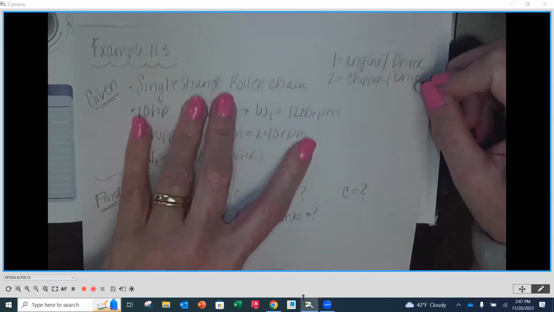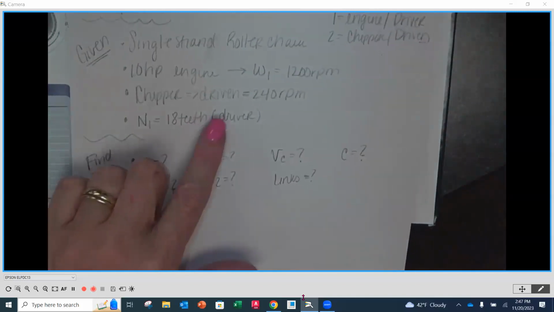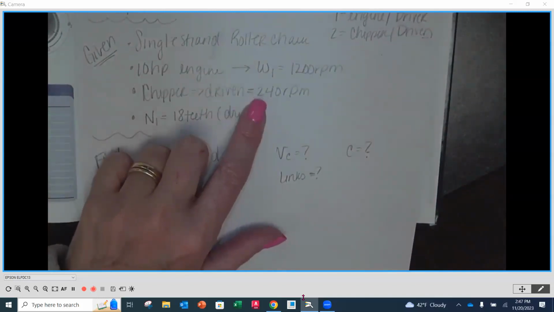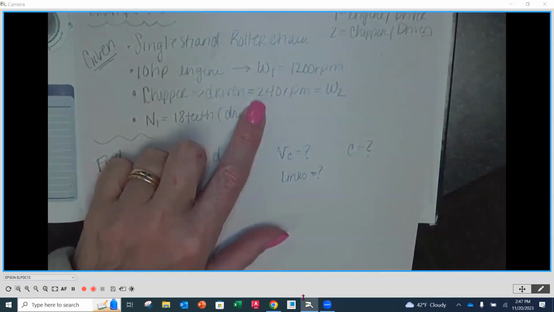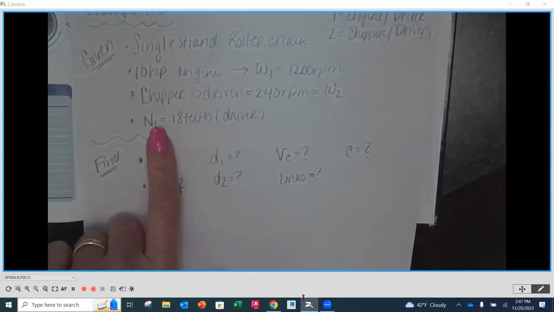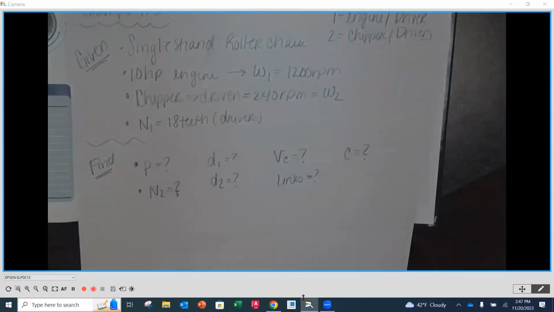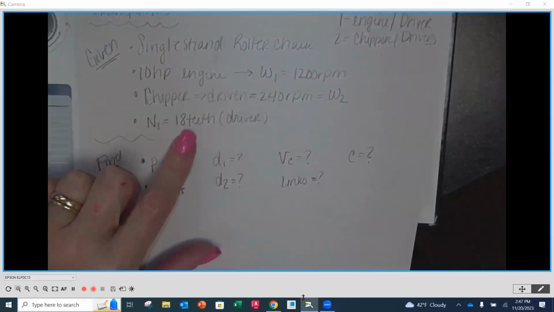The chipper, which is the driven machine, they want to rotate at 240 RPM. So this is going to be our W2, and we want to get as close to that as possible. Then they're telling us that the number of teeth on the sprocket on our engine, which is our driver, is N1 equal to 18 teeth.